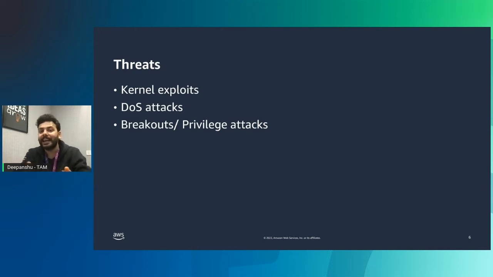That server can be Linux, can be Windows, or it can be serverless like Lambda or Fargate. And as we all know, Linux is the most popular operating system to run container workloads or for app development. So I would be mainly focusing on Linux here.